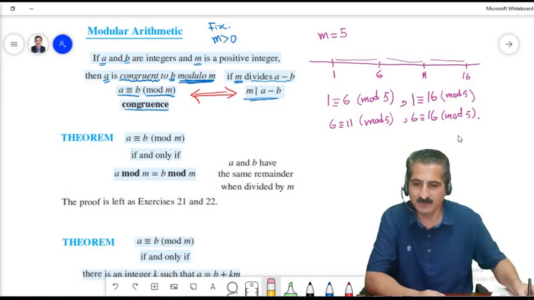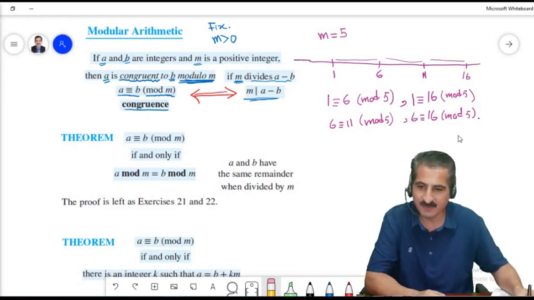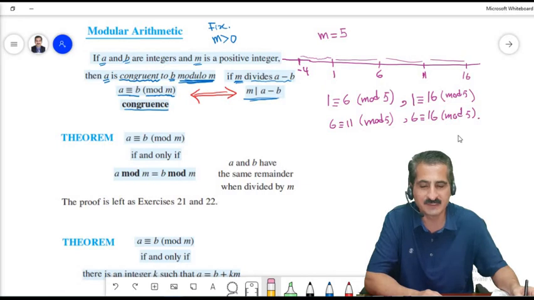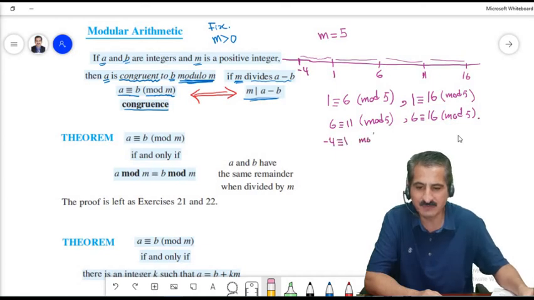And if we want to have more fun, we can go this way and then say, okay, I can add negative 4 to here because the distance between negative 4 and 1 is 5. So I can say also negative 4 and 1 are congruent modulo 5. And negative 4 is congruent to any other integer that we see there.